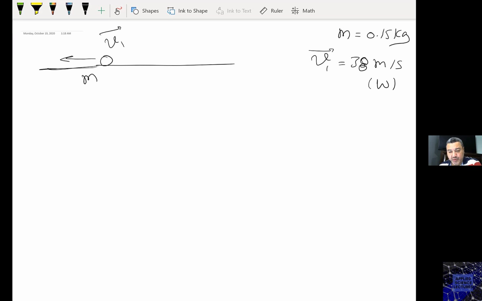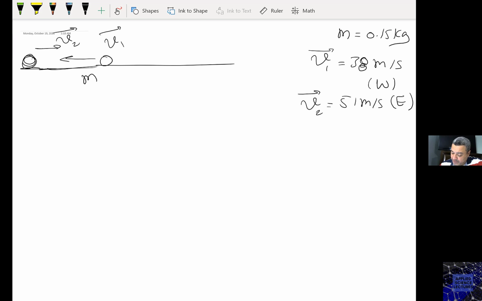After the ball is hit by the bat, it has a horizontal velocity v2 of 51 meters per second east. What is the change in momentum of the ball?